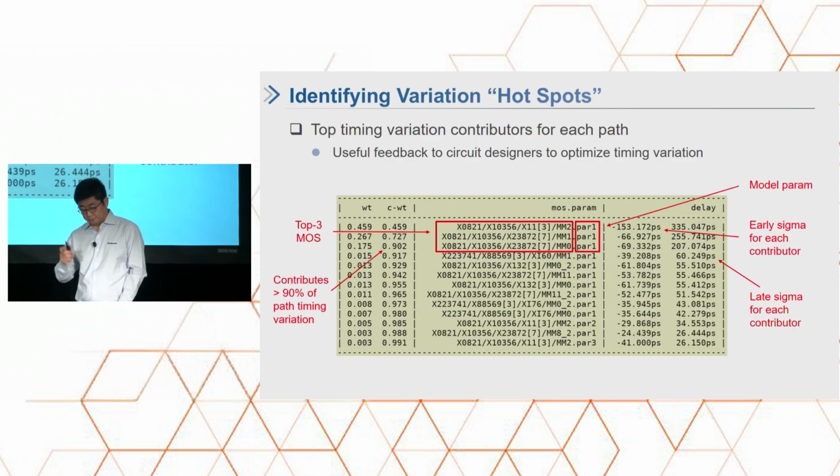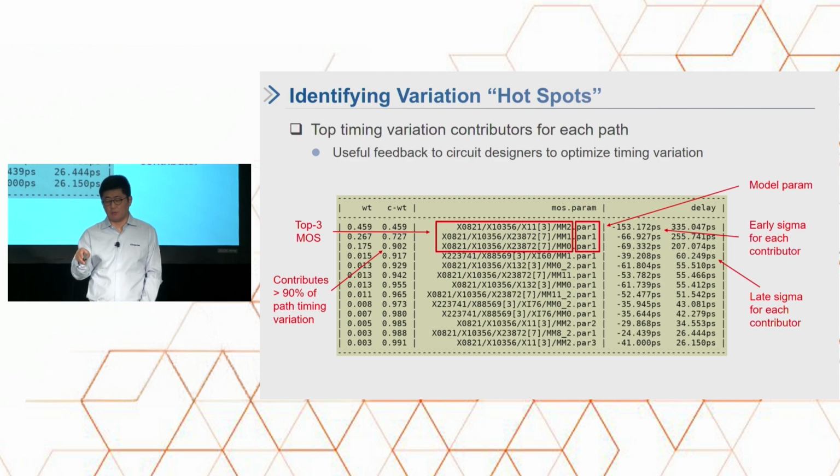Here is an example. We'll generate a report this way at the end of the run, and you can see we show the top contributors of variation in a sorted list. You can see which MOS and which parameter this affects. We show the early and late sigma for this parameter alone, so it's an estimated value of how much it contributes to the overall variation, and the weight and cumulative weight for that.